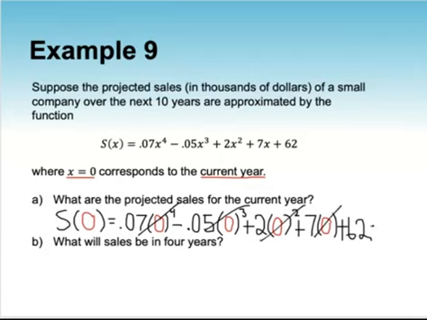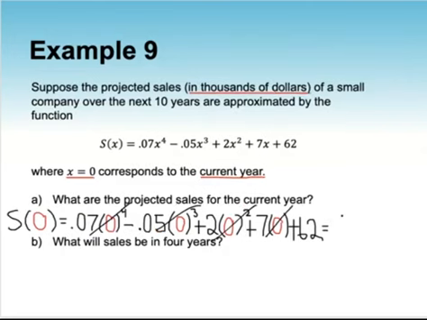So we're just left with 62. But remember, this is in thousands of dollars. So the projected sales for the current year is $62,000.